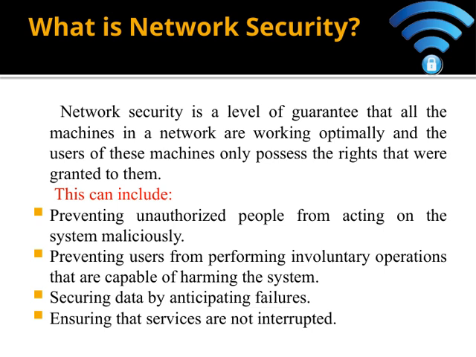Another important point is stopping users from accidentally performing operations that could harm the system, kind of like avoiding mistakes that could cause damage. Additionally, securing data involves anticipating potential failures, so we can prevent data loss or breaches before they happen. And finally, ensuring that our services aren't interrupted.